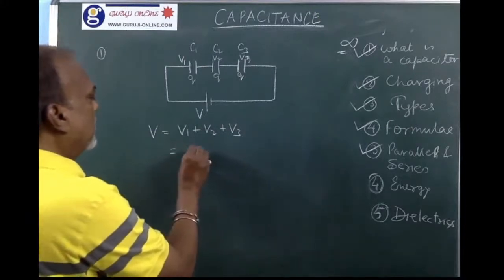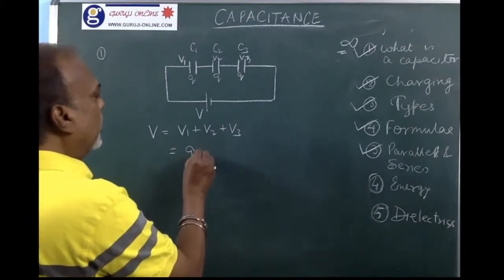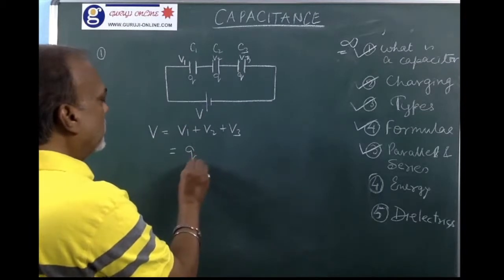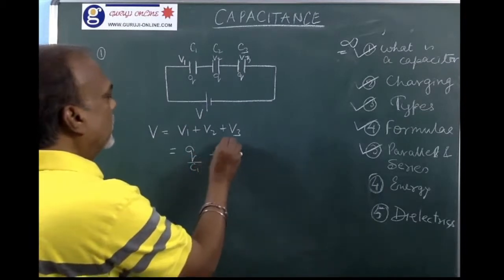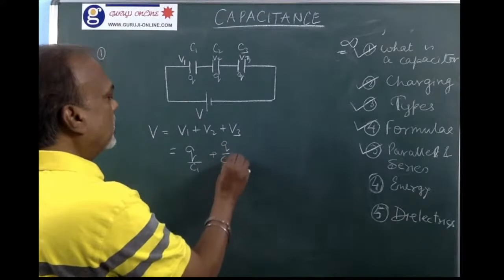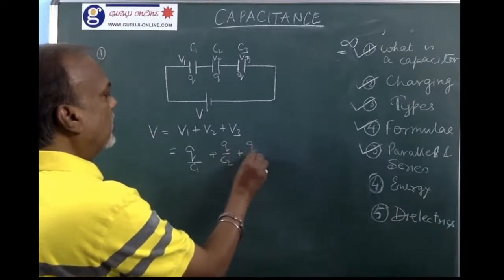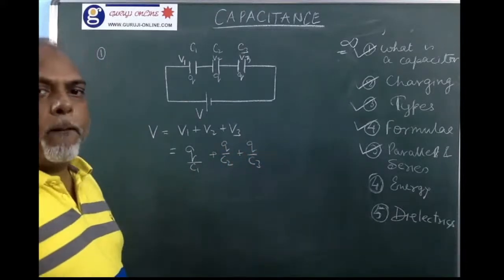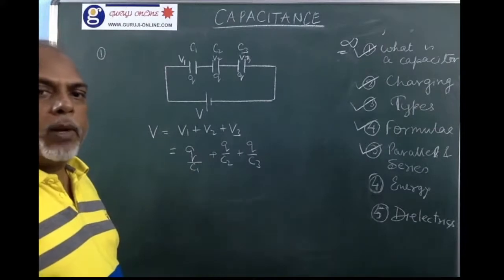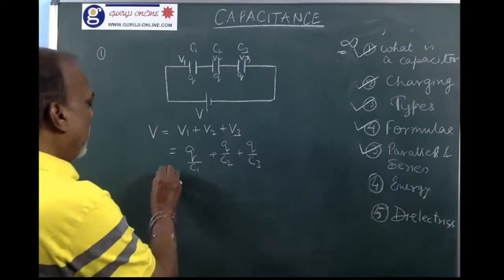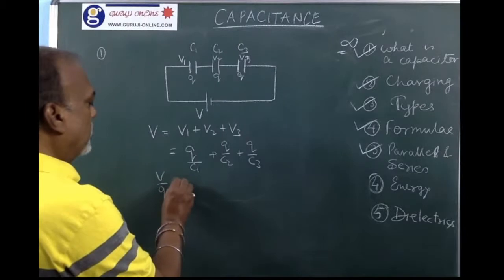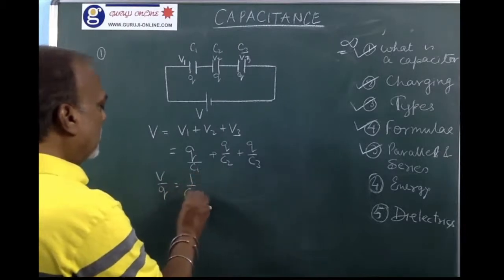The total voltage we can write as Q upon C1 plus Q upon C2 plus Q upon C3. Correct? So V upon Q is equal to 1 upon C equivalent.